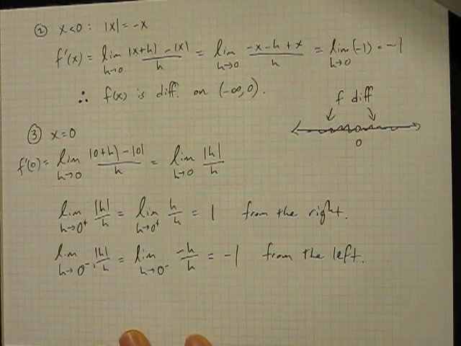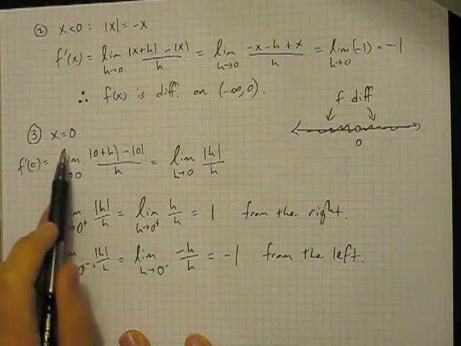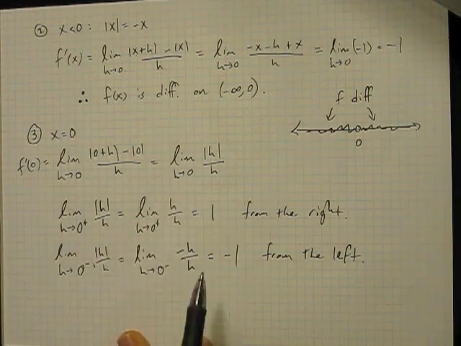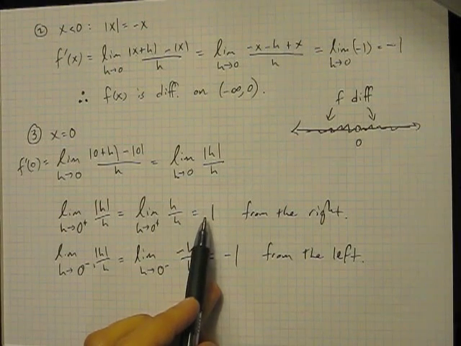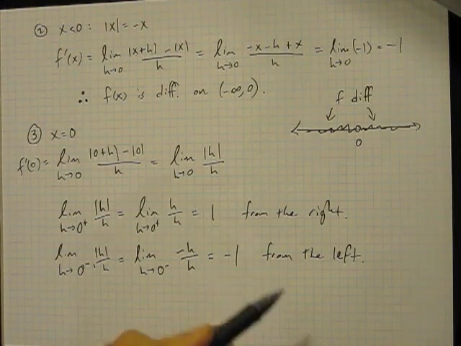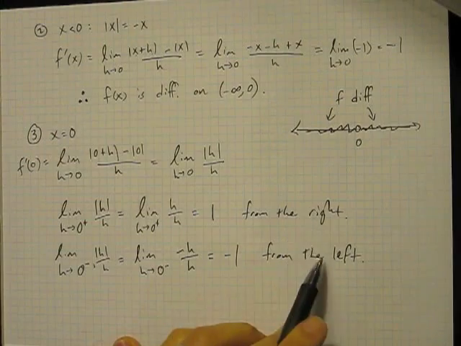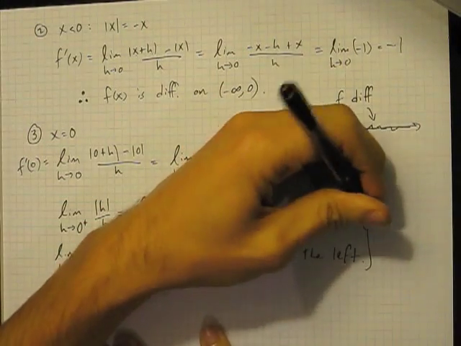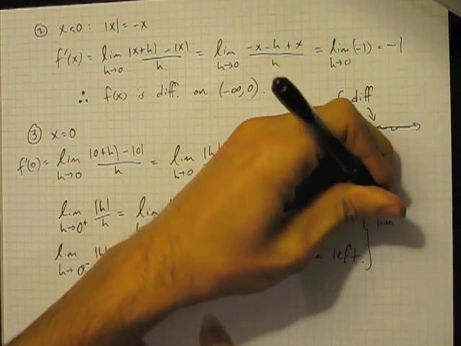So that means that when we're computing this limit here, we get a different answer from the right-hand side as we do from the left-hand side. So the left and right-hand limits don't agree. So the limit doesn't exist.